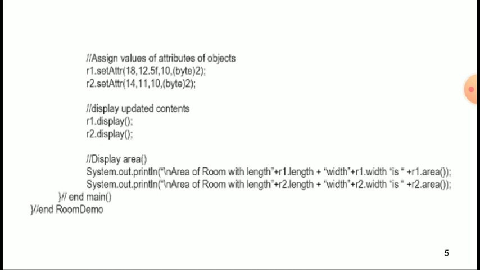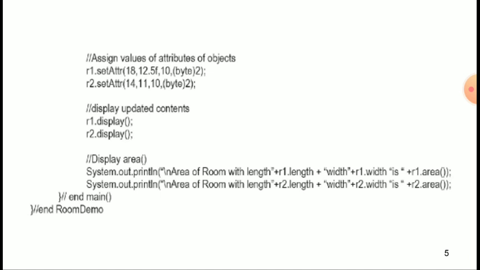Next is assigning values to attributes of the objects. r1.setAttr 18, 12.5f, 10, brackets byte 2. r2.setAttr 14, 11, 10, byte 2.